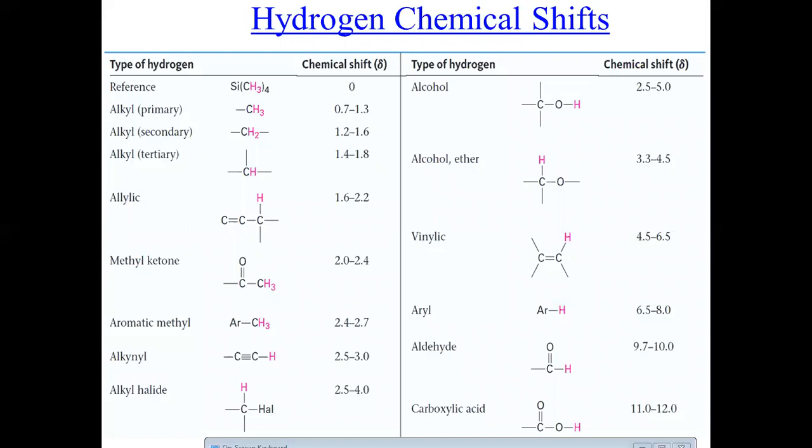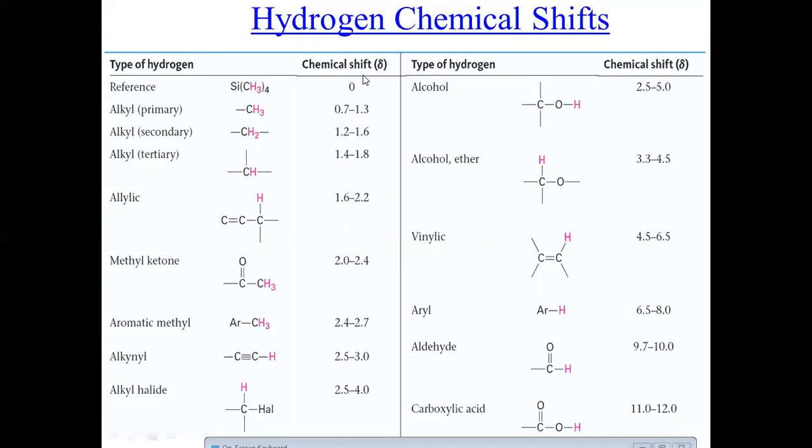Next, a very important technique for organic molecules is NMR spectroscopy, both proton and C13 NMR spectroscopy. When you talk about proton NMR spectroscopy, from right to left, your values increase from 0 to 12 or 13 delta value.